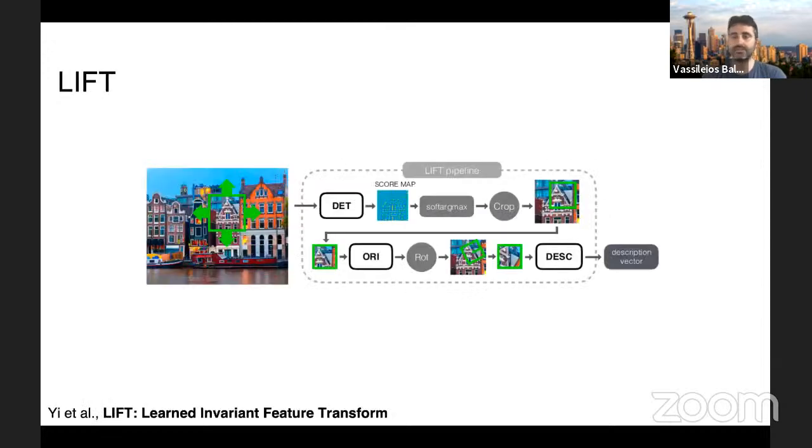So one such case of a modern pipeline was LIFT that basically replaced every part of the classical pipeline with the equivalent or relaxed version in a differentiable way in a deep network. So the detector was based on a score map, and then soft argmax, and then cropping, and then orientation, if I remember, was based on spatial transformers.